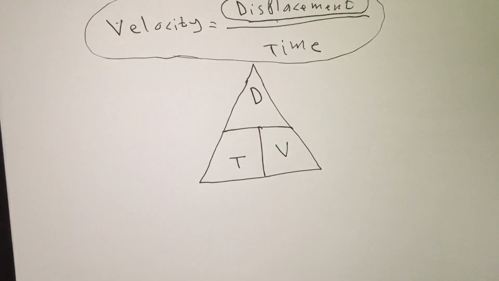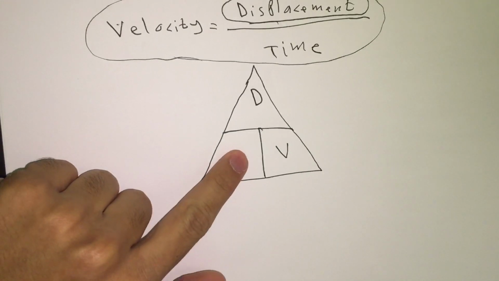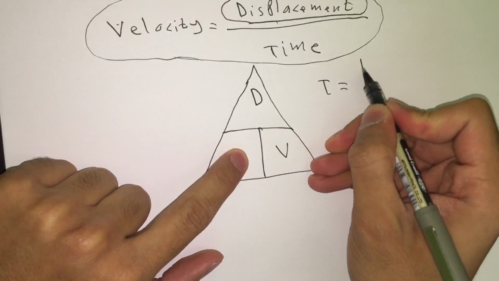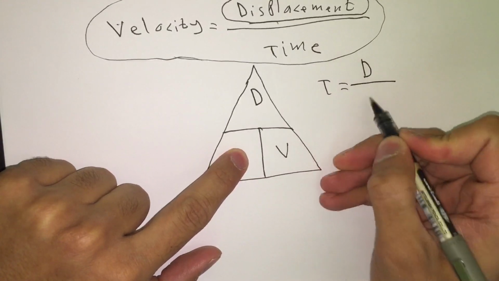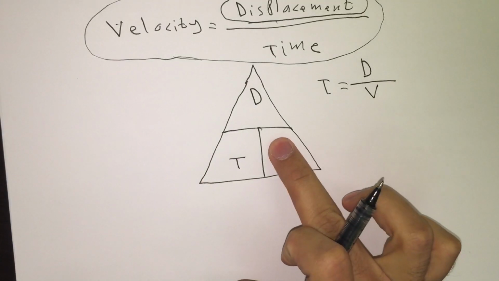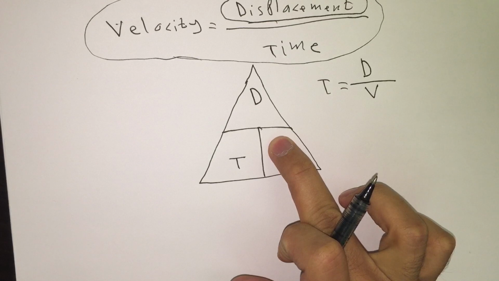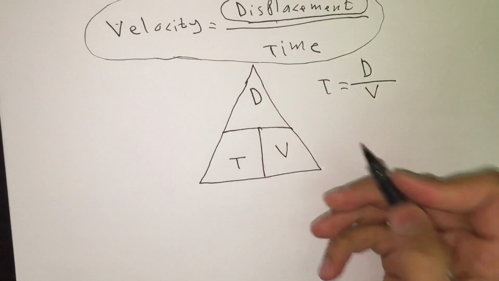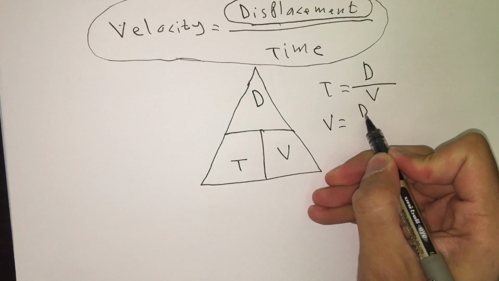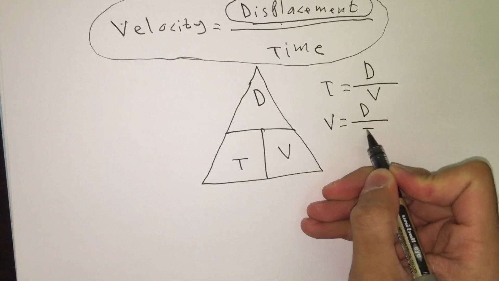So let's just apply what we learned. If we want to find the time, we just cover the time, and we're left with t equals displacement over velocity. If we want to find the velocity, we're left with displacement over time. So we're left with v equals displacement over time.